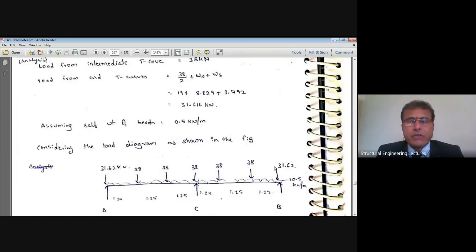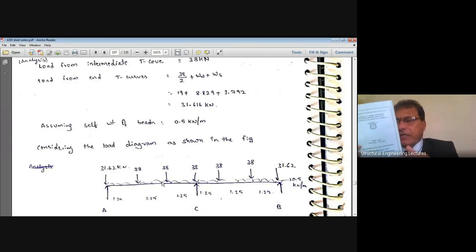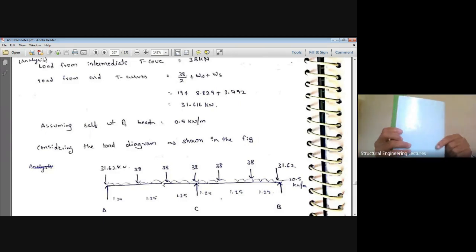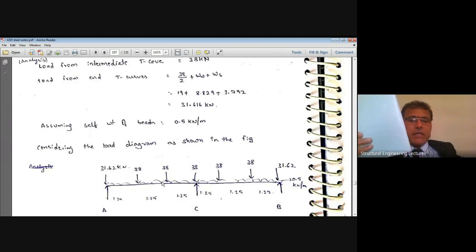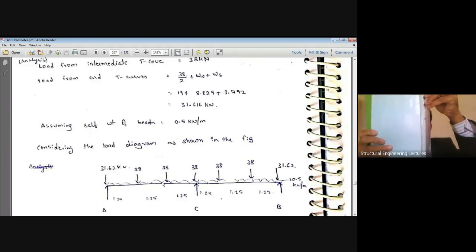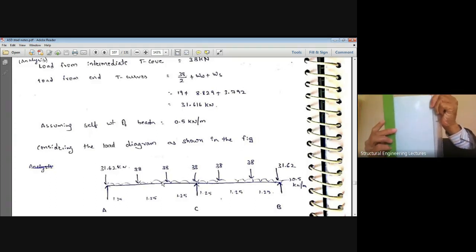Here also on the end T stiffener it is 31.62, and on intermediate T stiffeners, which are placed at every 1.25 meters because the plates are also placed at every 1.25 meters, there is a stiffener at the end of each plate.